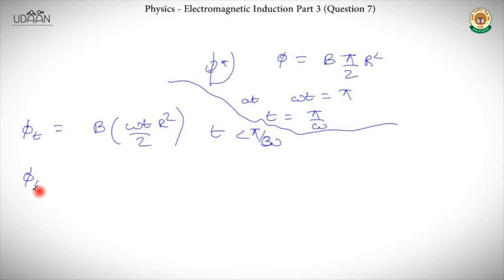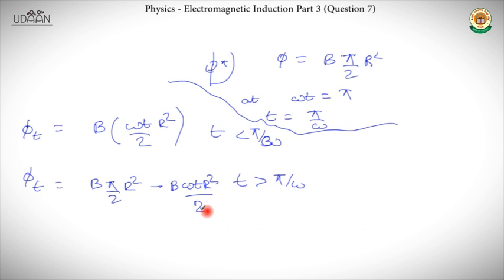Now for the time t greater than pi by omega, it will be b into pi by 2 r square minus b omega t r square by 2, because it's going to decrease from now at the same rate. Basically, we are finding phi of t for various intervals of time, for less than pi by omega and greater than pi by omega. So the flux is a function of time, and it's changing with respect to time.